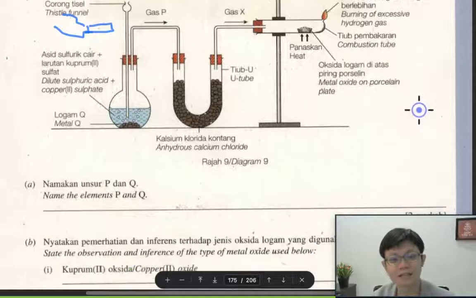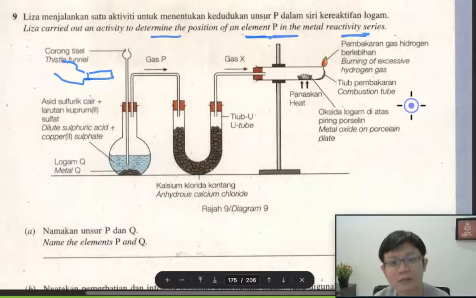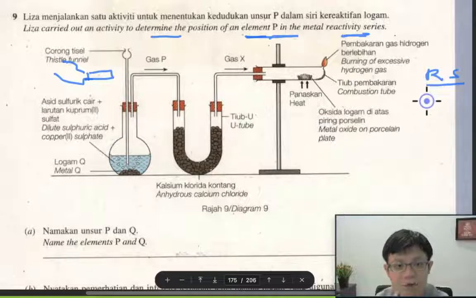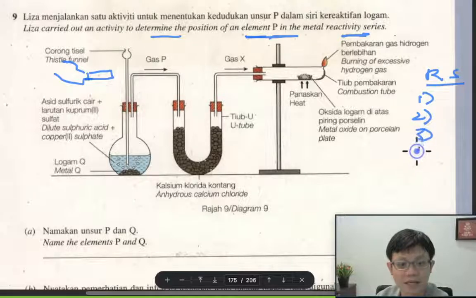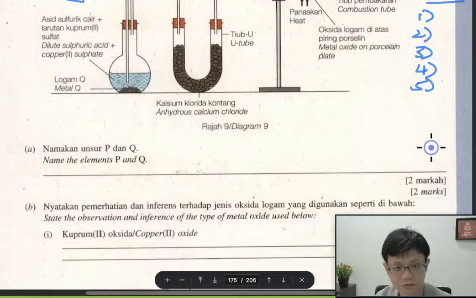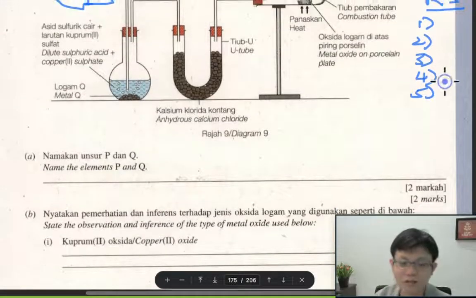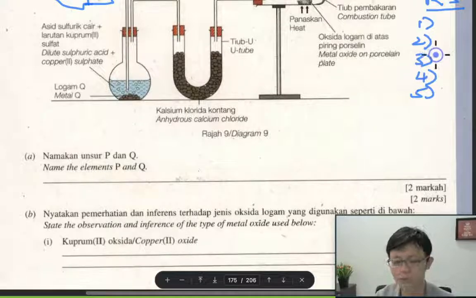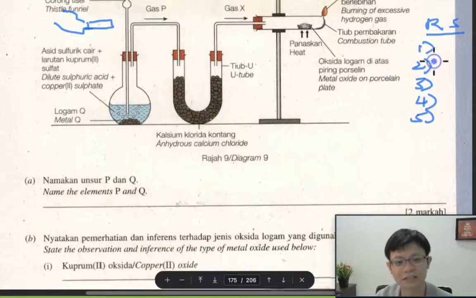So what is the reactivity series, if you still remember? It starts from the most reactive metal to the least reactive metal. You should memorize it a bit. It's best to memorize all of it.